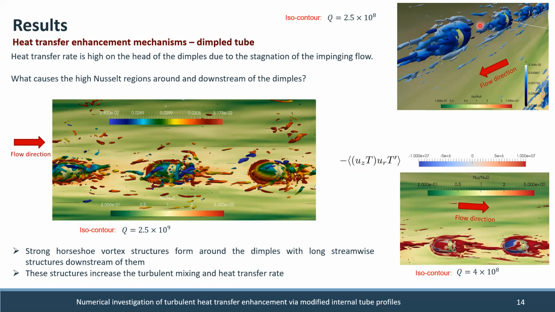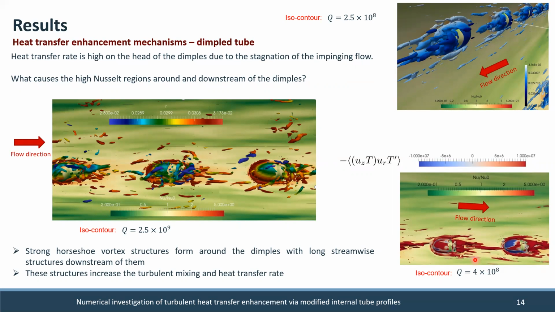You can see it here. This is the time average Q criterion isocontour, and you can see these horseshoe coherent structures and these long coherent structures downstream of the dimples. And the correlation is also calculated for them, and you can see that they are all red, which means that they are helping the heat transfer enhancement.